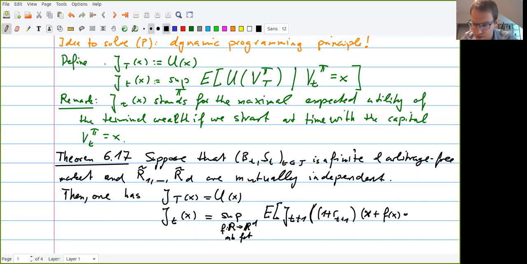This is just determined by our decision rule and then the discounted returns in this trading period.